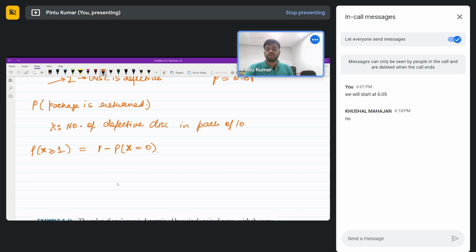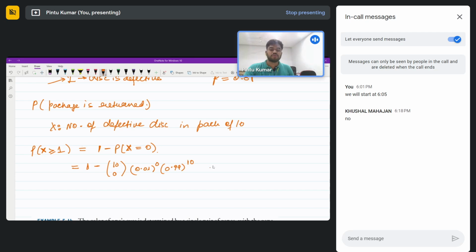Okay. So how do we calculate this? This is your 1 minus, now there are 10 disks in the package, so 10C0, your p is 0.01 to the power 0, right? And this is 0.99 to the power 10, right?